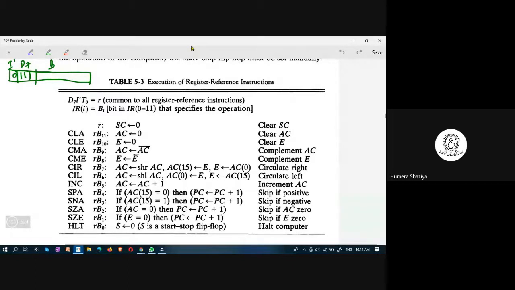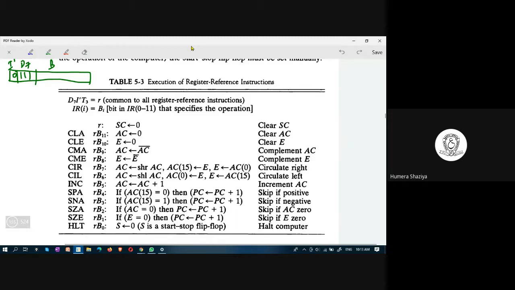B naught. What is B naught? HLT, halt operation. What is B1? SZE, skip if E is 0. B2 is skip if AC is 0. B3 is skip if A is negative; N is negative, P is positive.